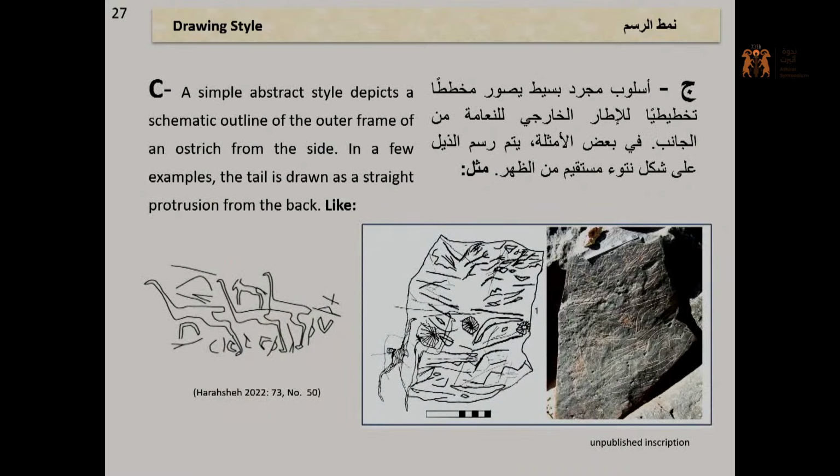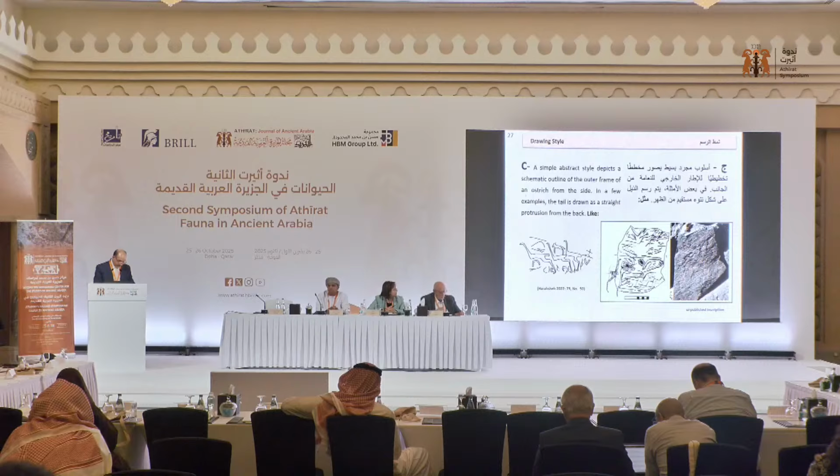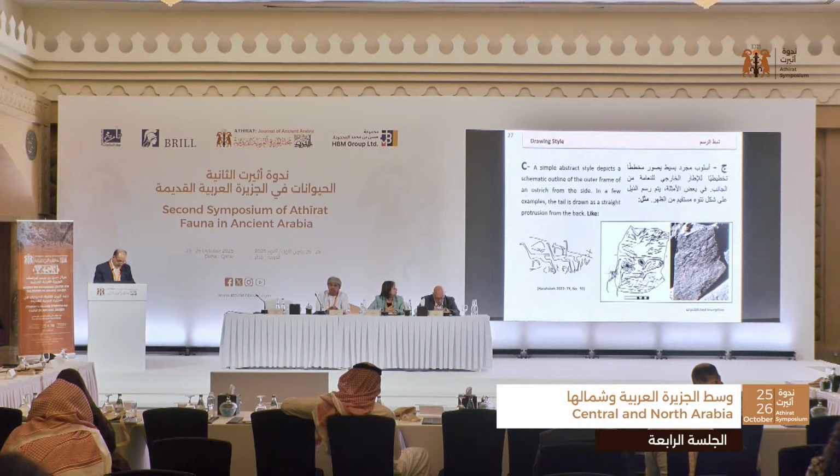Here is a simple abstract that depicts a schematic outline of the outer frame of an ostrich from the side. In a few examples, the tail is drawn as straight, like these examples.